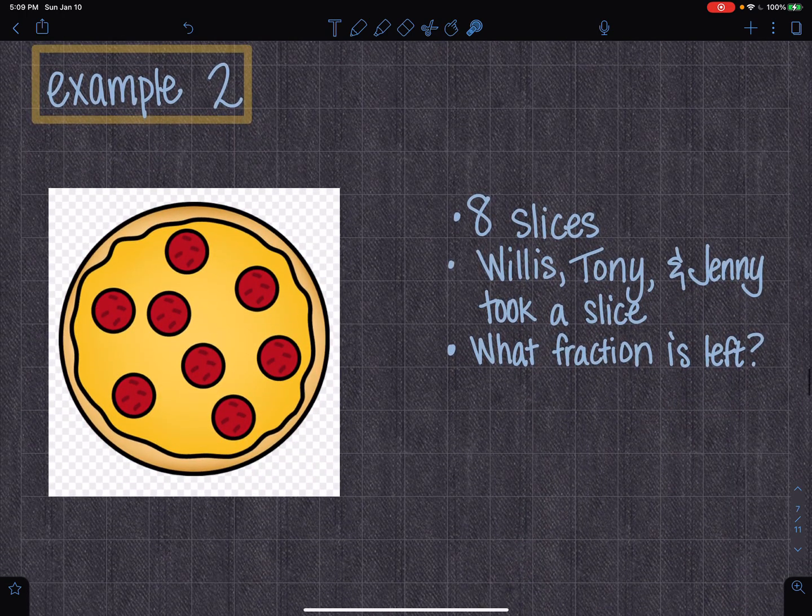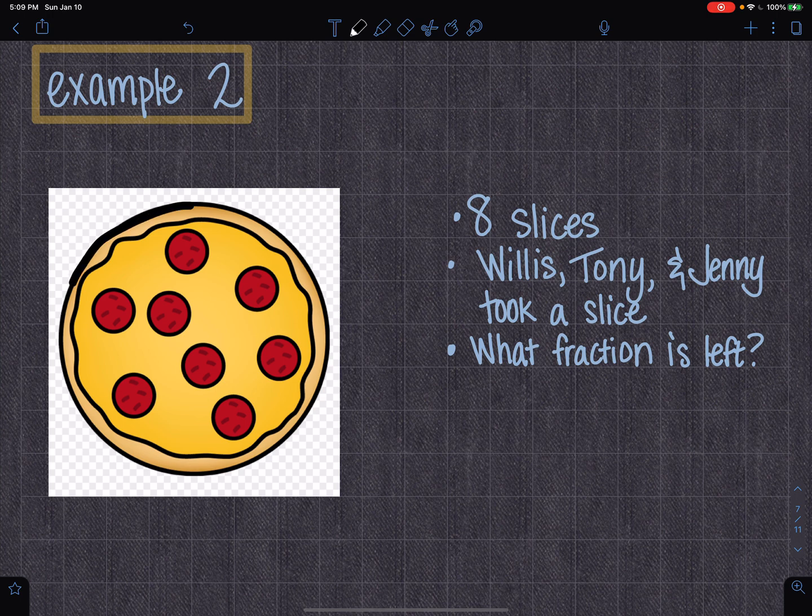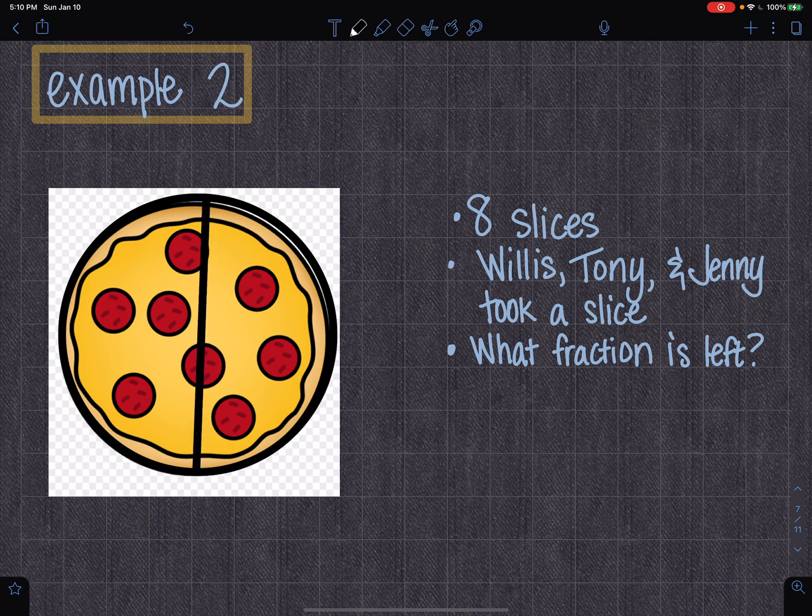Example 2 says there's a pizza and it's cut into 8 equal slices. So I'm going to take this pizza and cut it into 8 slices. First, I'm going to draw a circle around it. Then I'm going to slice it down the middle, and then slice it like this.